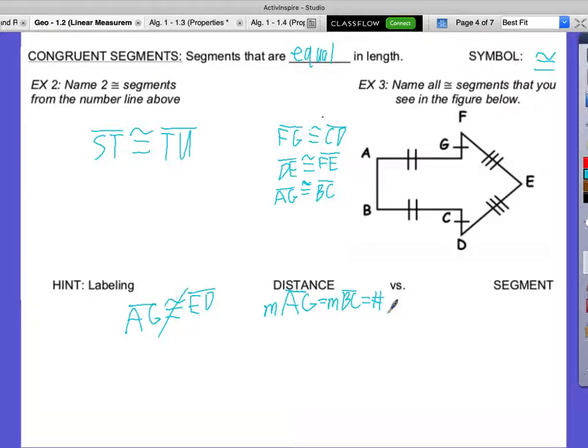Because we can actually find the number, like we found the length of those segments, we use that little m for measure before it. But with the actual segments, you'd say segment AG is congruent to segment BC. The segments are not equal, they are congruent. The measures, though, are equal because numbers can be equal.